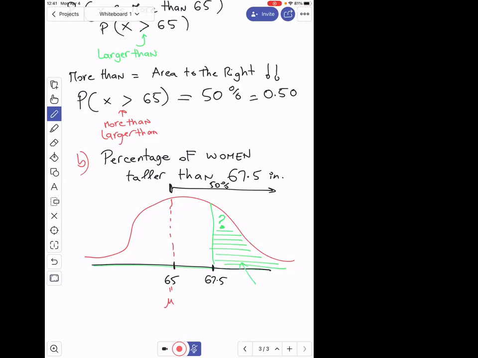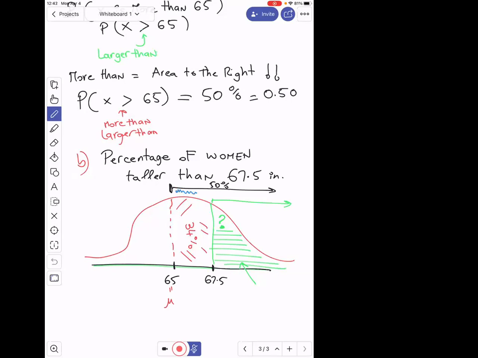Now, I know that the area between the 65 and the 67.5, this one here, is 34%. We said this is 34. And I want to find this area to the right of 67.5. So the difference between the 50% and the area I want to compute is this one.